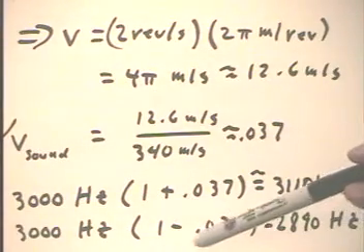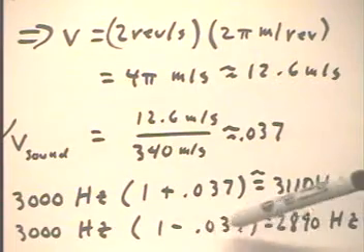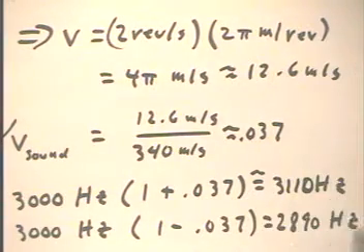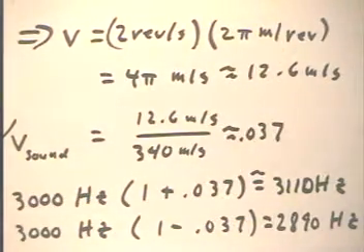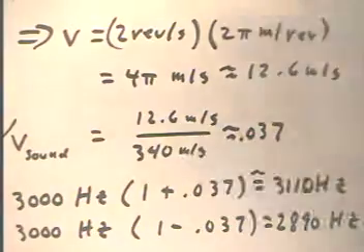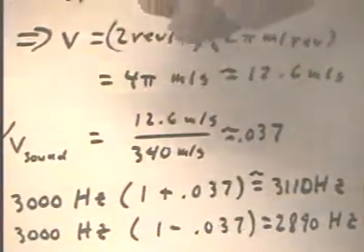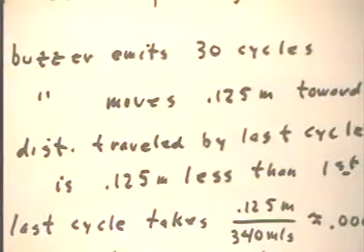Whereas, if the buzzer is moving away, the frequency is going to decrease by this proportion and give us 2,890 hertz. Now again, this isn't a completely accurate version of what's going on, but for small velocities, we can treat it this way and make some pretty good estimates.